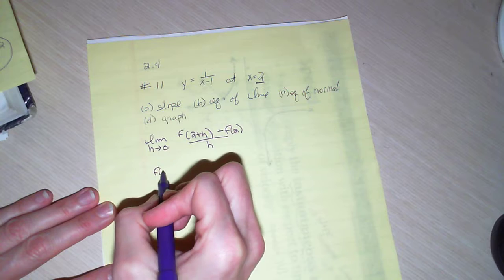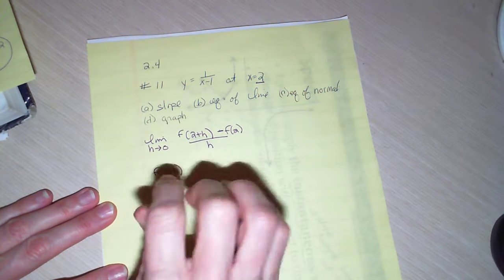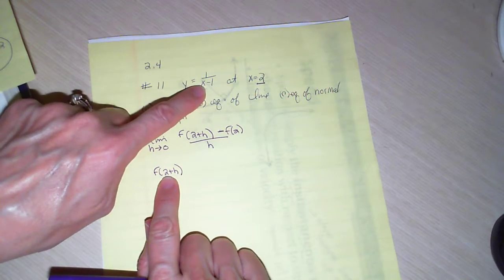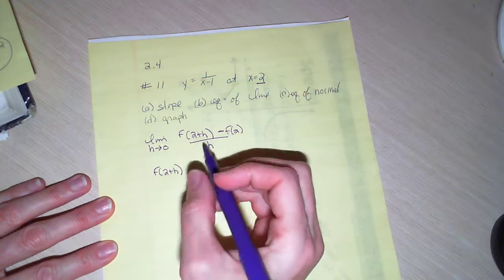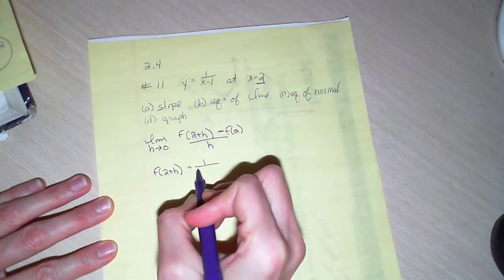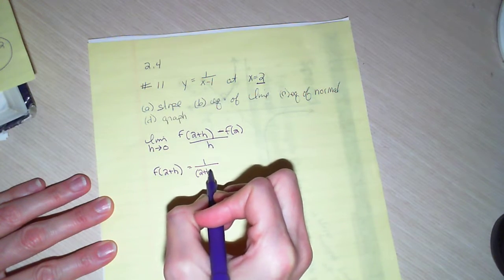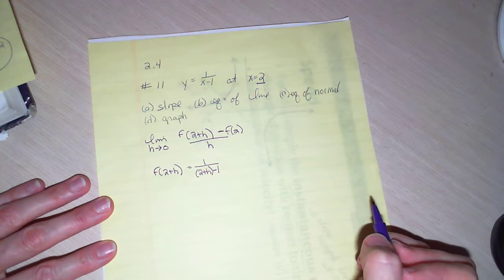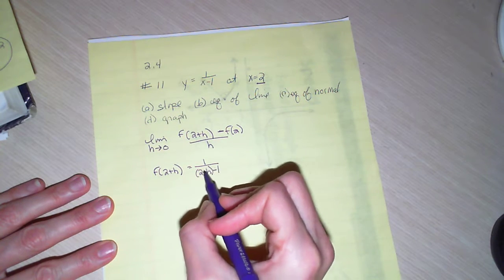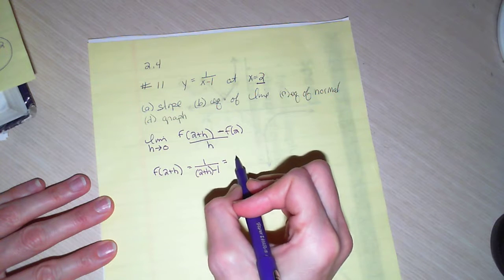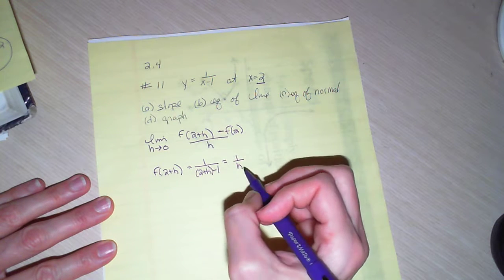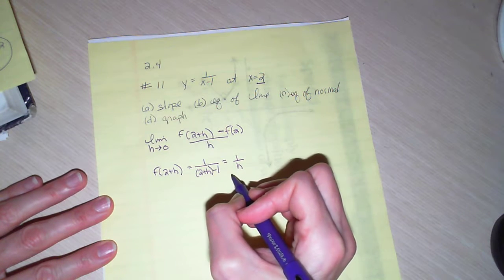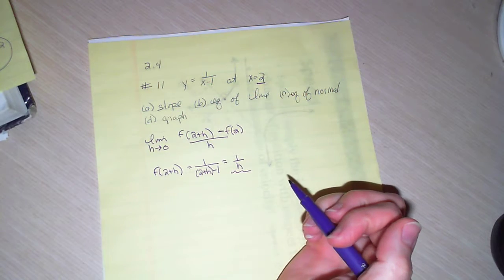So f of 2 plus h is going to be plugging 2 plus h in place of x here. So I'm going to have 1 over 2 plus h minus 1. And down here I'm going to have 2 minus 1, so that would just simplify to 1 over h. Okay?